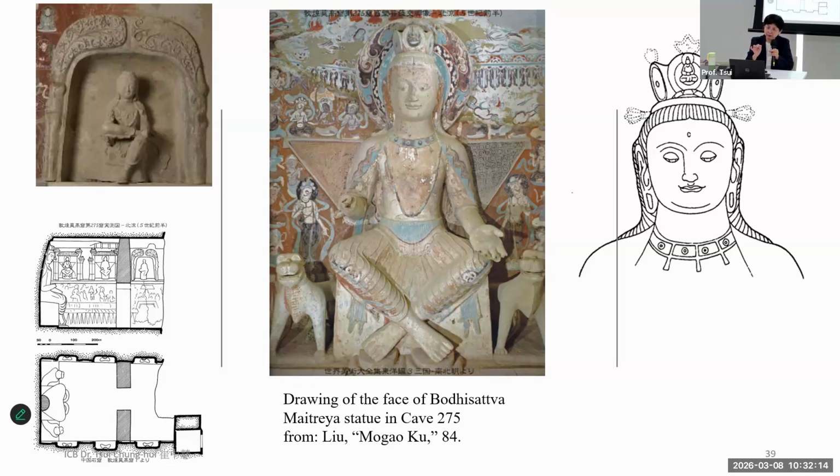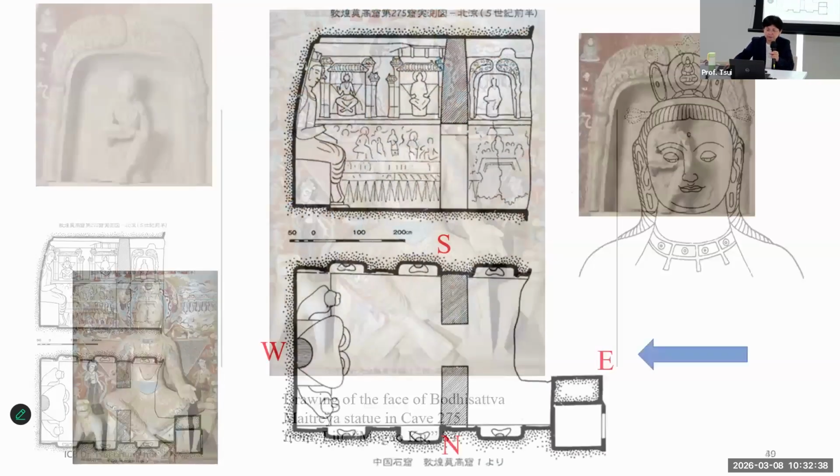Later, when we discuss the Kushan Empire and Gandharan art, we will examine the importance of Maitreya belief in the Gandhara region. So this is a very typical example of the influence from Gandhara culture.